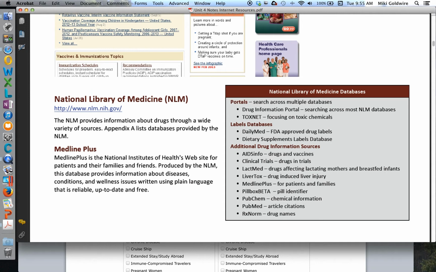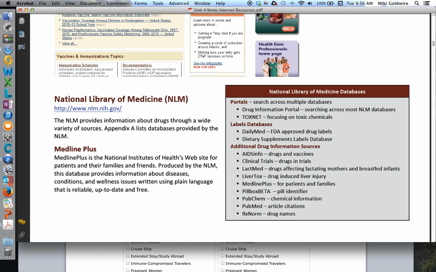You can see that you have a drug information portal, you have ToxNet, DailyMed, which is where you can get package inserts. And then you have a slew of other databases: AIDS Info, Clinical Trials, I love clinicaltrials.gov, LactMed, LiverTox, Medline Plus, Pillbox for pill identification, PubChem, PubMed, and RxNorm for drug names.